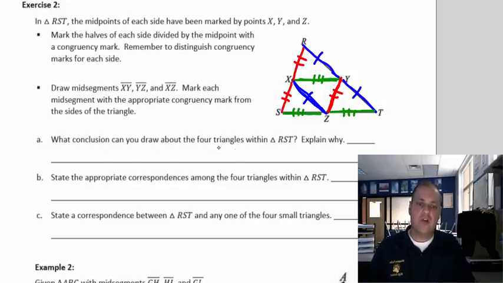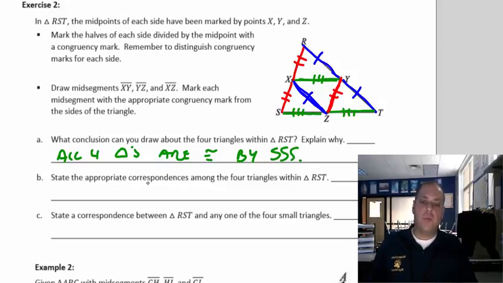So what conclusion can you draw about all 4 triangles within RST? All 4 triangles are congruent by side, side, side. Okay? State the appropriate correspondences among the 4 triangles within triangle RST.